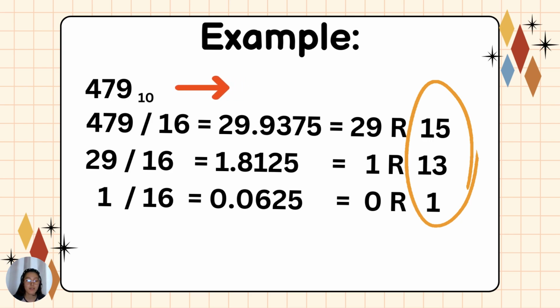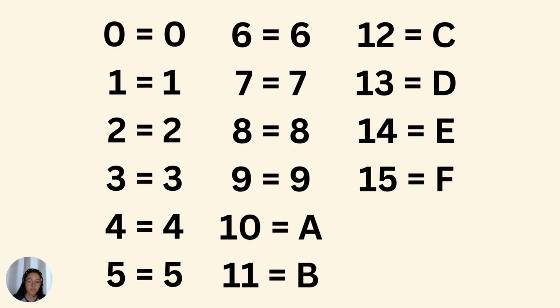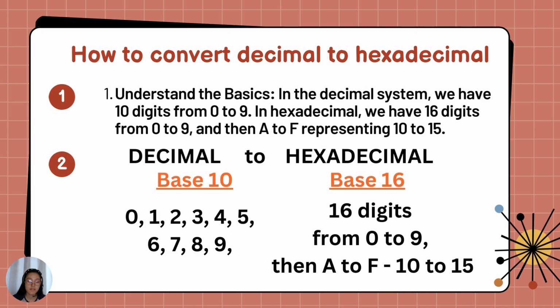So how are we going to write this in the hexadecimal numeral system? As what I have said, hexadecimal has 16 digits from 0 to 9, then A to F, which represents numbers 10 to 15.